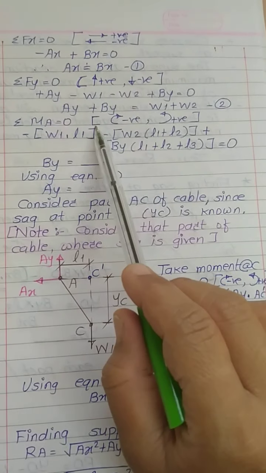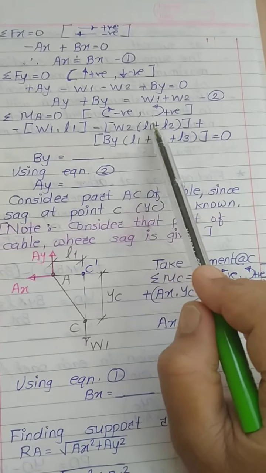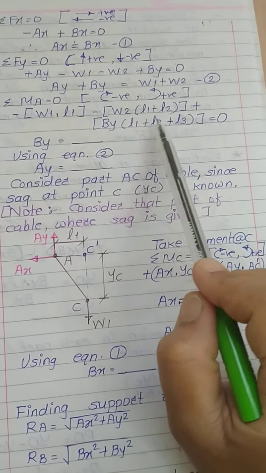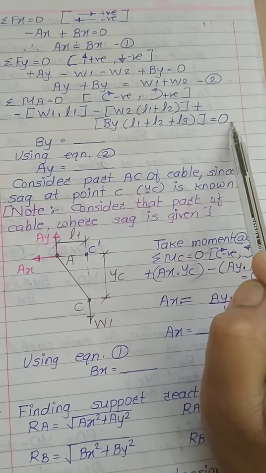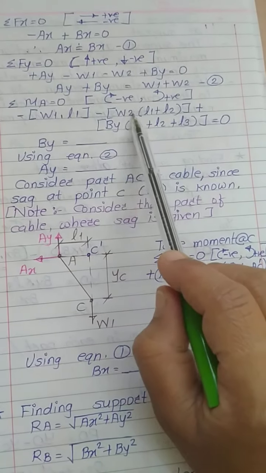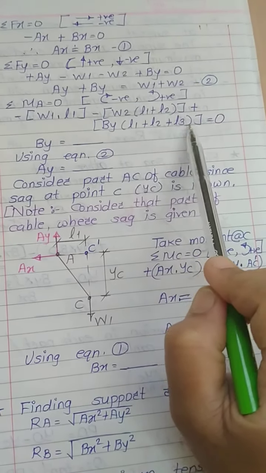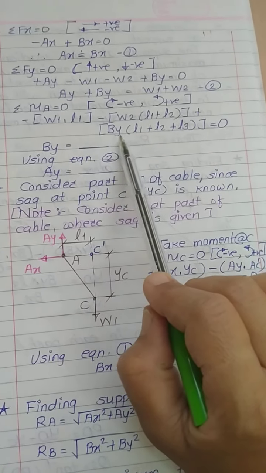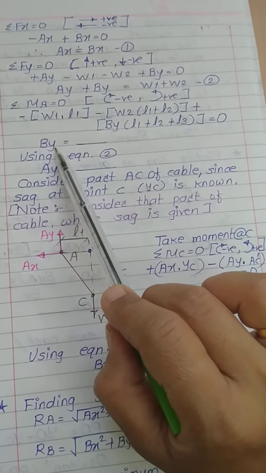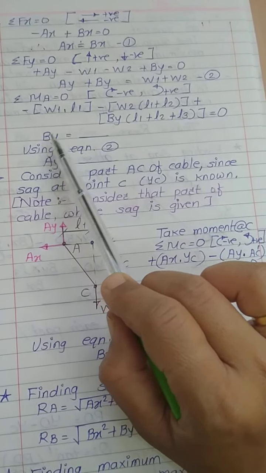I have written the same over here: minus W1 into L1 minus W2 into (L1 plus L2) plus By into (L1 plus L2 plus L3) equals 0. From this equation, W1 and L1 are known, W2 and L1, L2 are known, L1, L2, L3 are known, the only unknown is By. So from this equation you will get the vertical component of the reaction acting at point B, which is By.